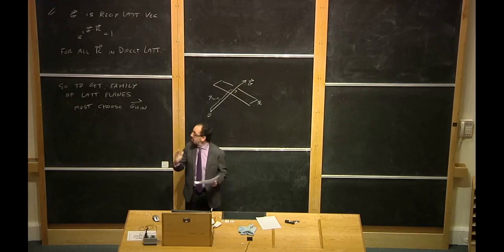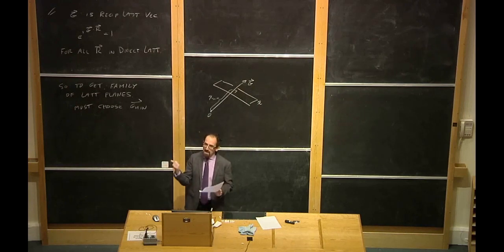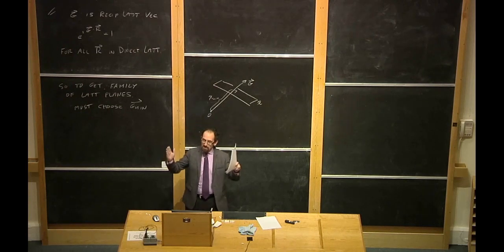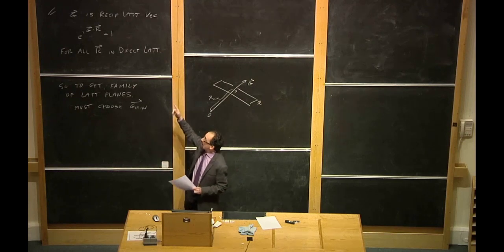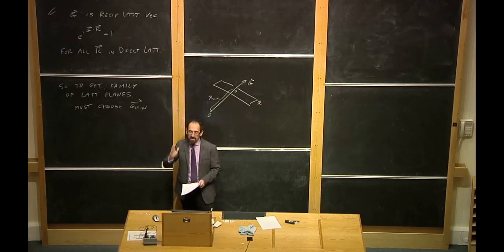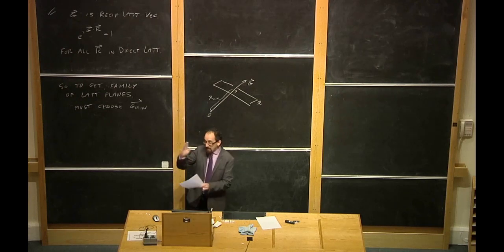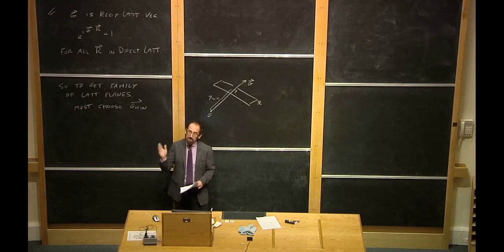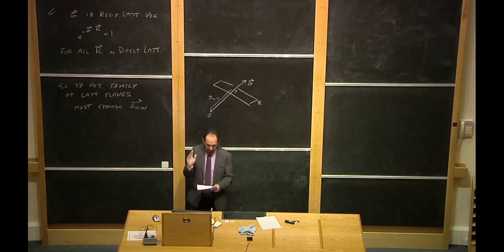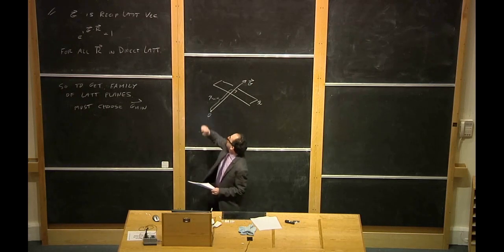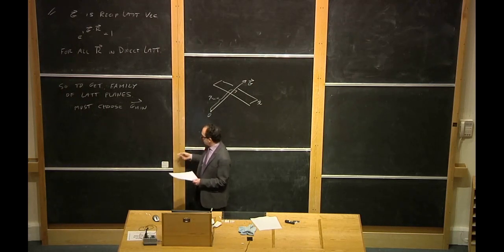If it was not the minimum reciprocal lattice vector in that direction, you could make it smaller, cut it in half for example, and get something which has fewer planes, and yet all of the lattice points would still be included. So you should take the minimum reciprocal lattice vector so that you get enough planes. You're guaranteed that all your lattice points in the direct lattice will be included in those planes, but you don't get any extra. Good. All right, so that's the proof of that rather important theorem.